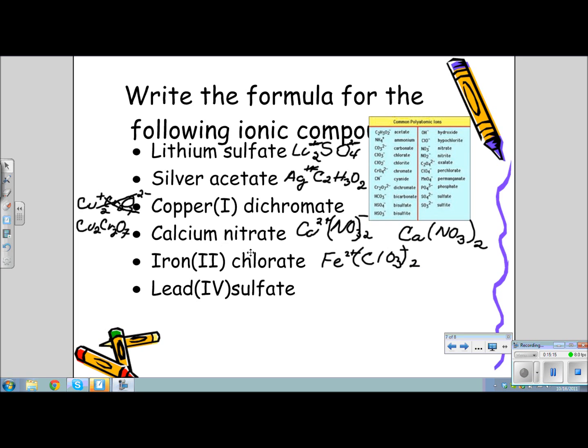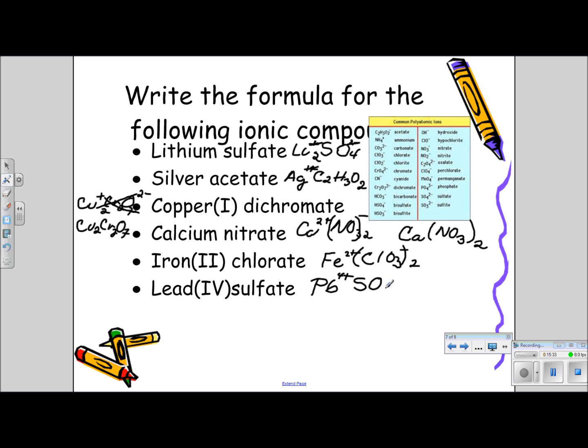The final one is lead, which will be Pb, charge is +4, sulfate SO4 2 negative. We're going to crisscross, and this would go 2 and this would go 4.